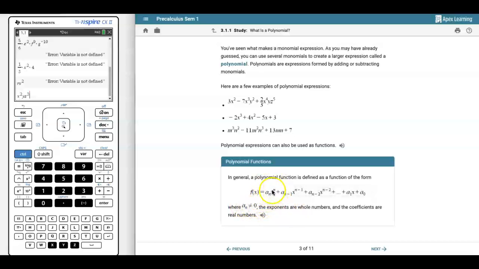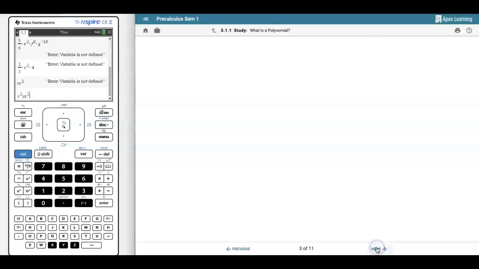We have to have some value there. So if a to the nth is equal to 0, then that's not the first term. You've got to back it up 1. So again, you've got to make sure you have a constant, a term, a constant and a variable to some power, to give us a monomial here. All right. Again, the exponents are whole numbers, coefficients are real numbers.